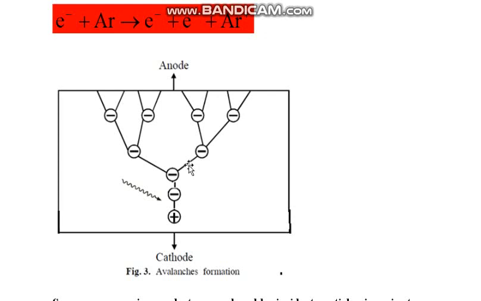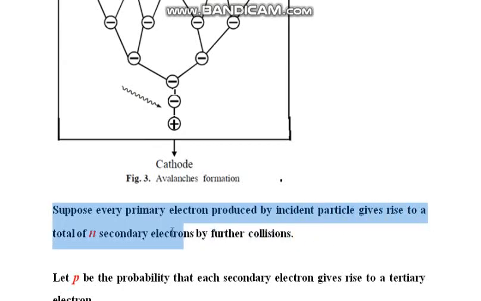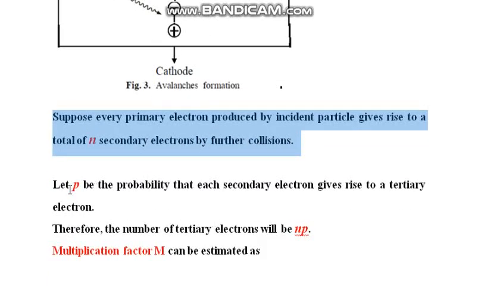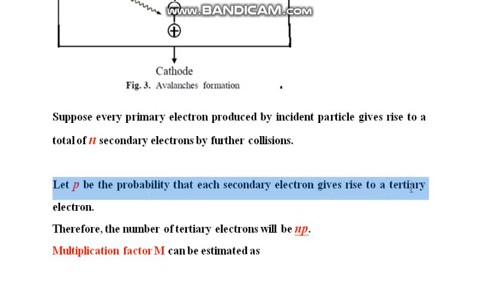Let us understand the gas multiplication factor more clearly. Suppose every primary electron produced by the incident particle gives rise to a total of n secondary electrons by further collisions. Now it is not necessary that each secondary electron will cause ionization of gas. So let P be the probability that each secondary electron gives rise to a tertiary electron.